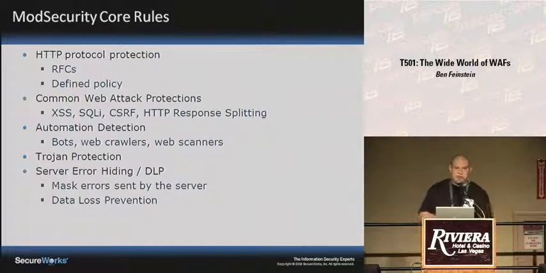Another interesting application is server error hiding, or data loss prevention, data leakage prevention. So basically, you can mask the errors that are coming out of your server. My classic example here is a SQL Server error that has an ODBC error string and all this stuff in there. You don't really want that being returned to the requester.